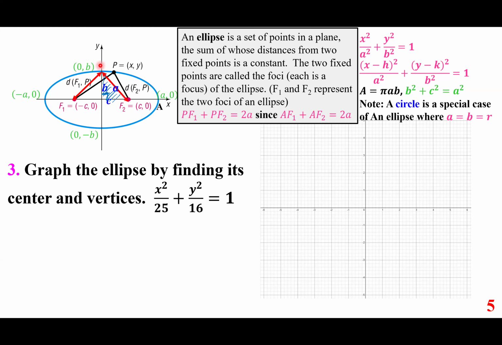One easy way to see this is to look at this point, and let's call it point capital B. I hope you see that BF1 plus BF2, by definition of an ellipse, is also 2A, right? So that becomes A.